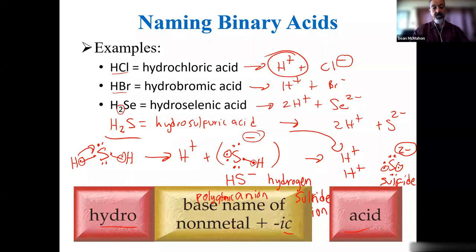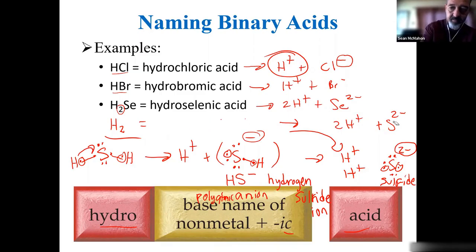And just to give you guys an idea, I'll have to remove the name here, because if you look on the periodic table, sulfur is underneath what element on the periodic table?